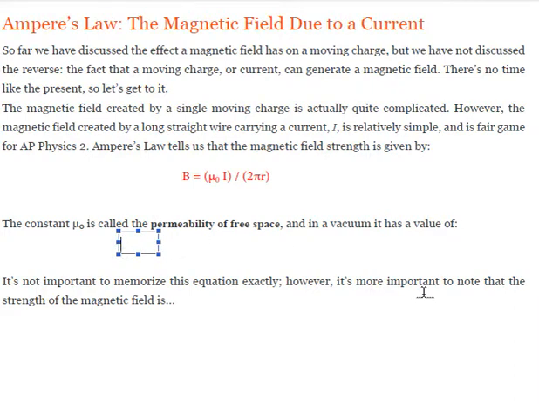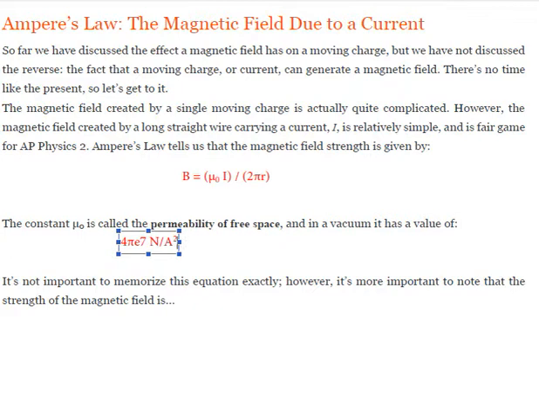In a vacuum, it has a constant value of 4 pi times 10 to the 7th newtons per ampere squared.